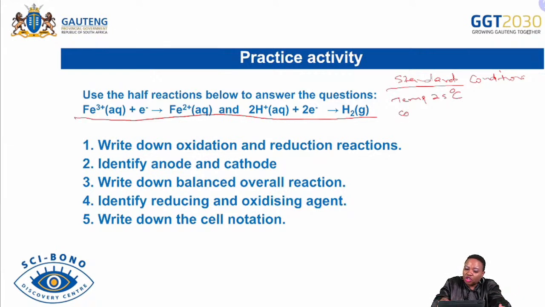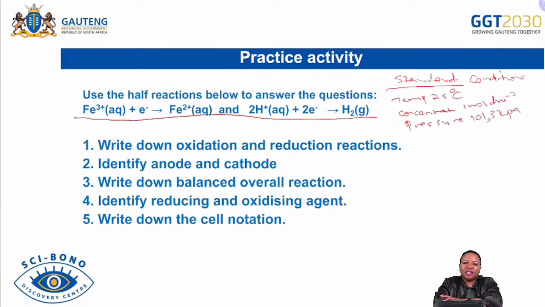The concentration of the electrolytes was 1 mol per dm³. And where there were gases, the pressure was 101.3 kPa. So these are the standard conditions. They were found by connecting the cells with the hydrogen half cell, because as you look at your cell potentials, you'll find that the hydrogen half cell is 0.